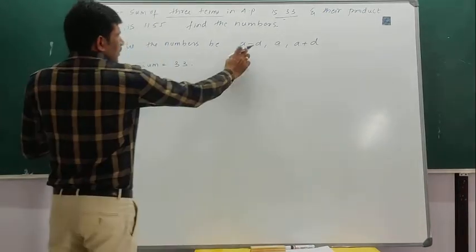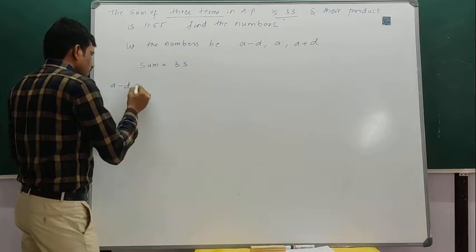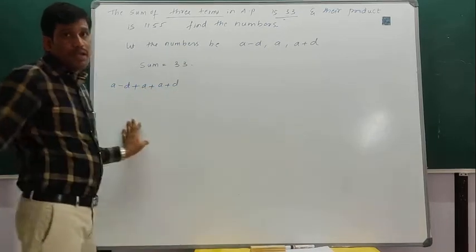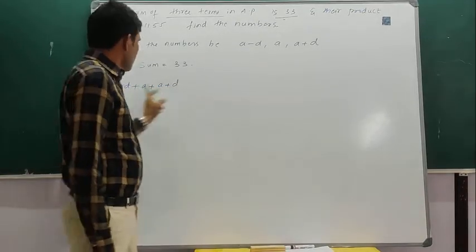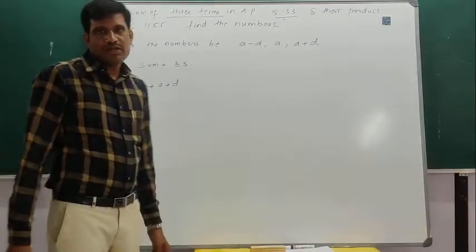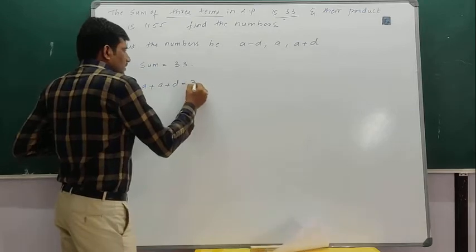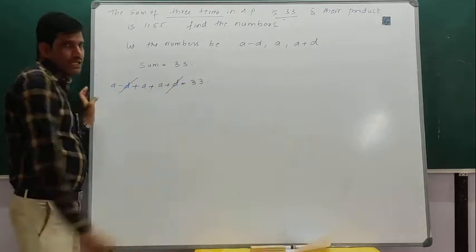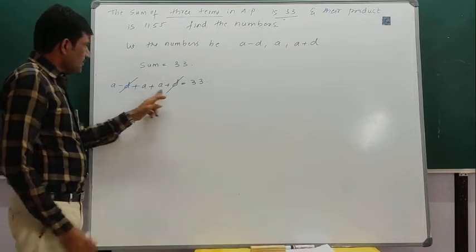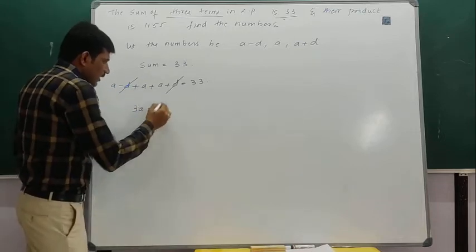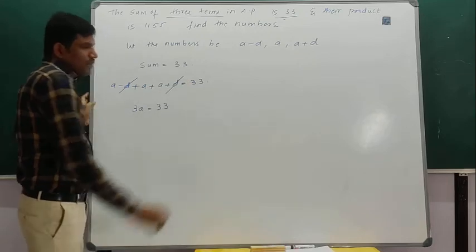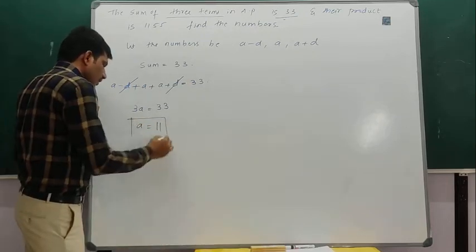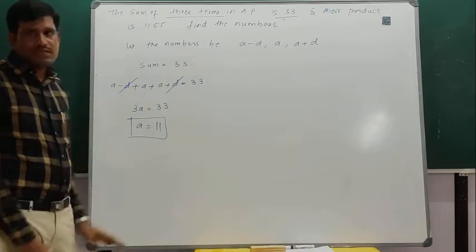The first number is a minus d, second number is a, third number is a plus d. So that is equal to 33. Here we can see that minus d and plus d will get cancelled. So a plus a plus a, that is 3a is equal to 33. So what is the value of a? That is 33 by 3, 11.